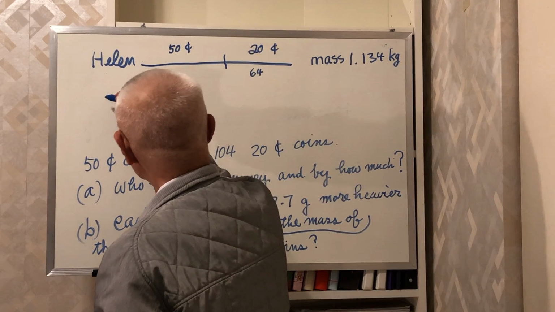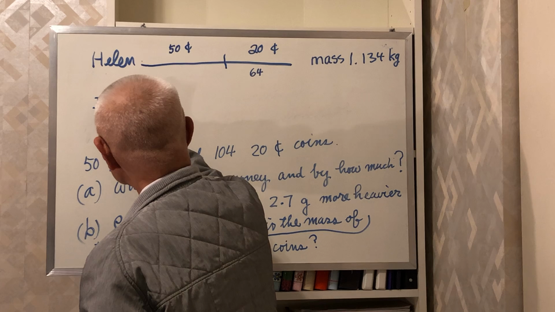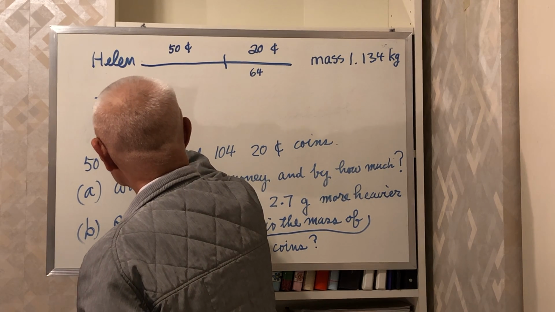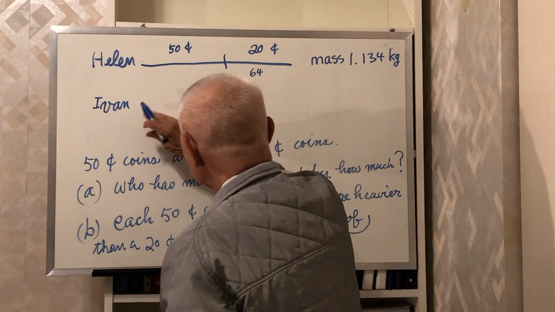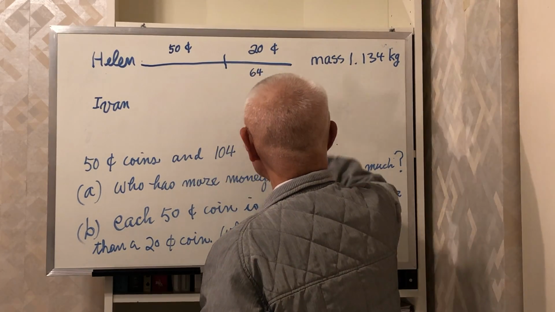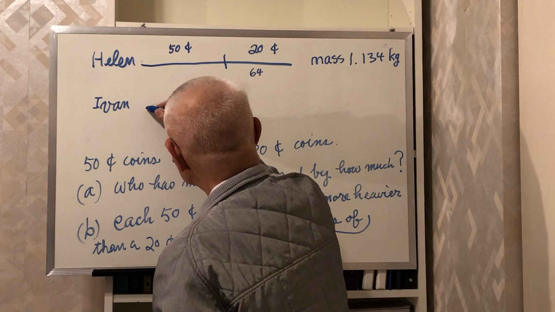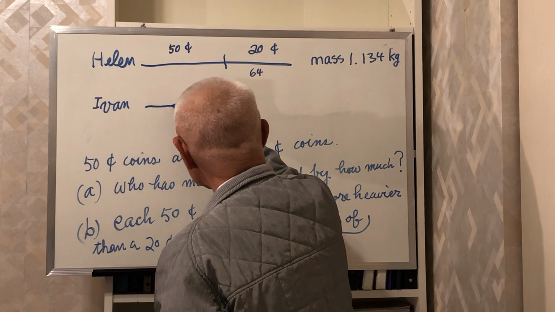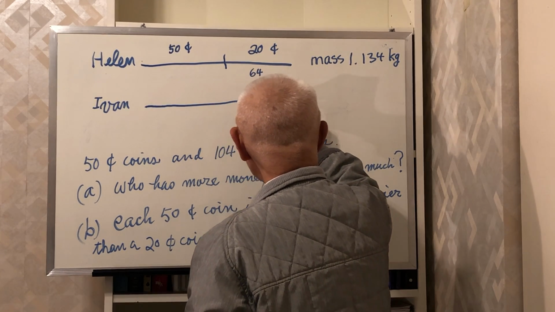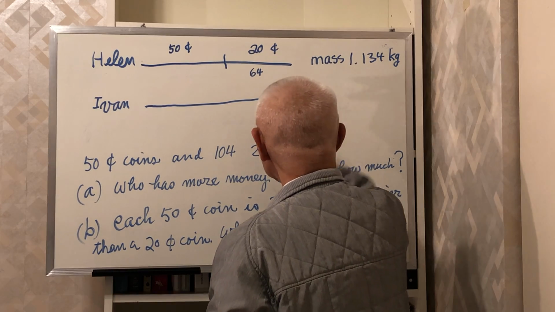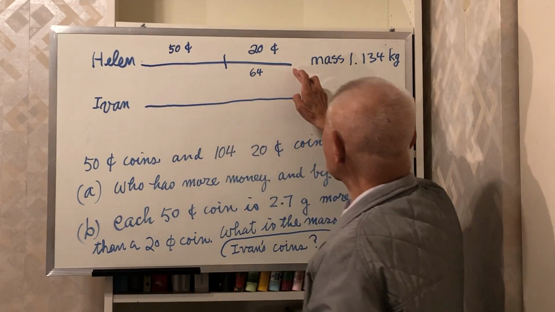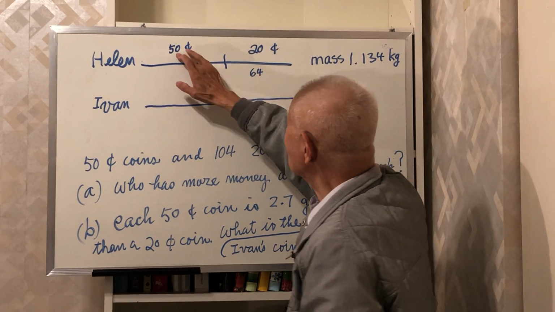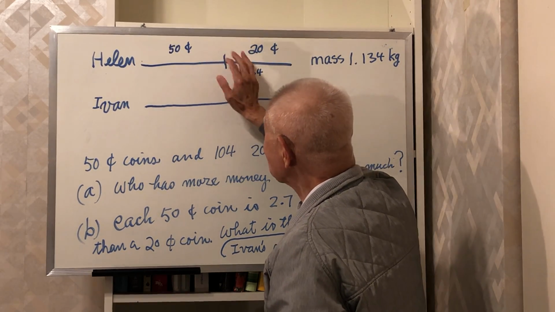Ivan also has 50-cent coins and 20-cent coins. And remember the question says they have the same total number. Now, this means from here to here is the number of these two kinds of coins together.